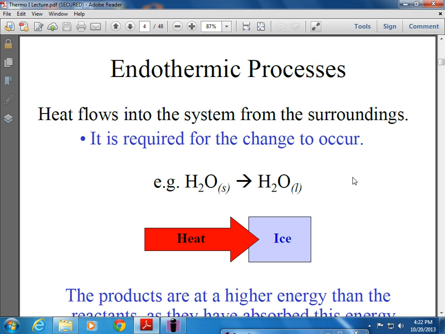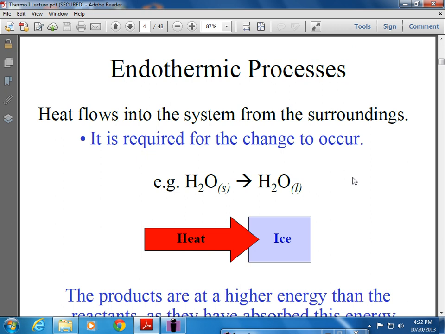When we have an endothermic reaction, the products have more potential energy tied up in their bonds than the reactants did. The extra energy that's absorbed ends up locked into the bonds of the products. In an endothermic reaction, it's going to pull the heat out of the water and the glass beaker.